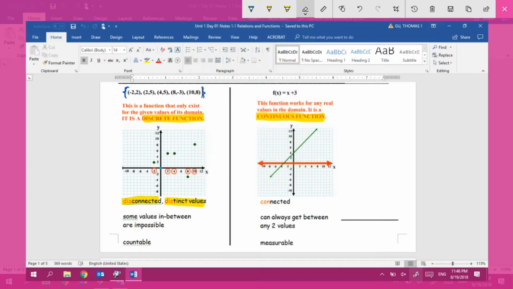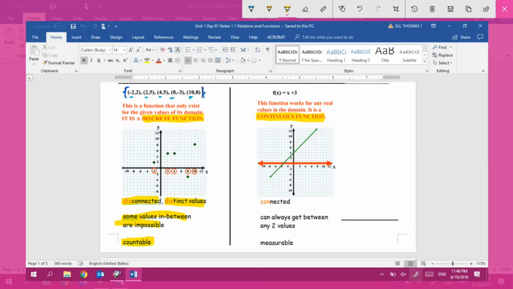No, there's no function there. This function only exists at x = -2, 2, 4, 8, and 10. Some values in between are impossible. And these are countable. I can count 1, 2, 3, 4, 5 spots there.